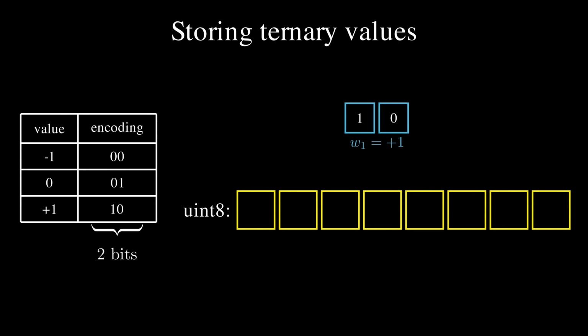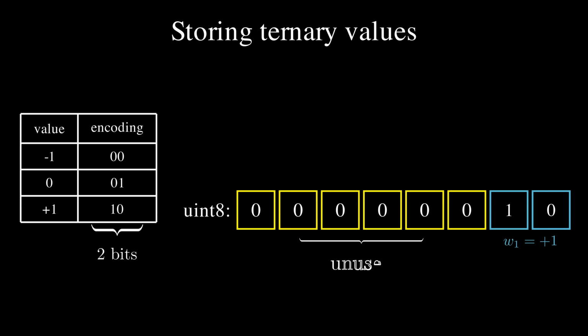A naive but convenient solution would be to store each 2-bit number in its own unsigned int 8. That leaves 6 unused bits, but allows us to use built-in arithmetic. Addition and multiplication work out of the box. But of course, this defeats the purpose of quantizing below 8 bits. The whole point was to save space.